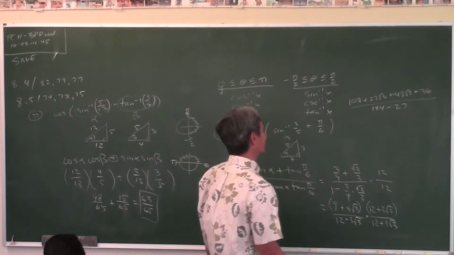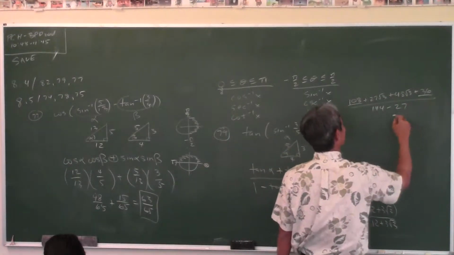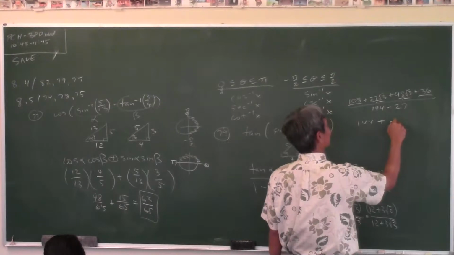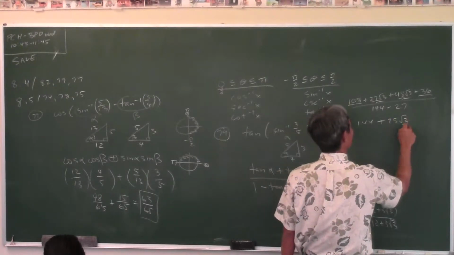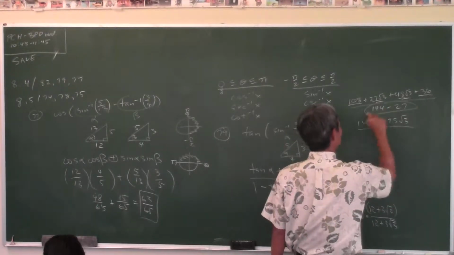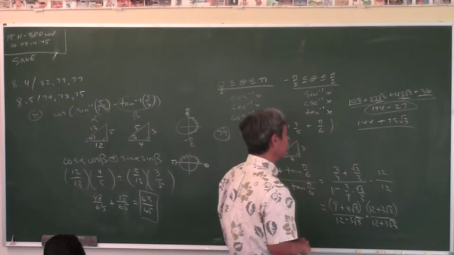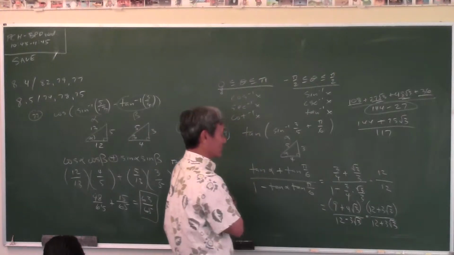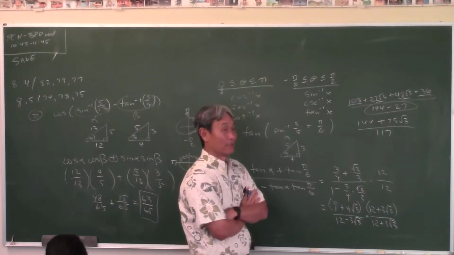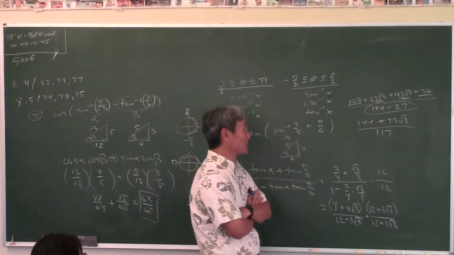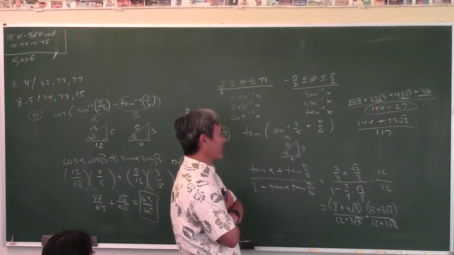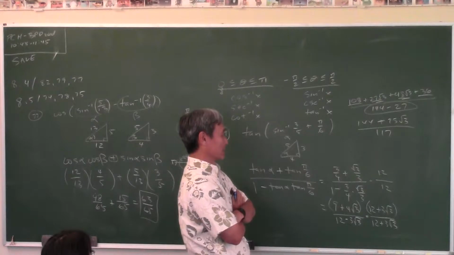Okay, so simplify that. What is 108 plus 36? 144. What is 27 root 3 plus 48 root 3? 75 root 3. And what is 144 minus 27? 117. Can that be reduced? Yes, you can. What number can go into 144, 75, and 117?